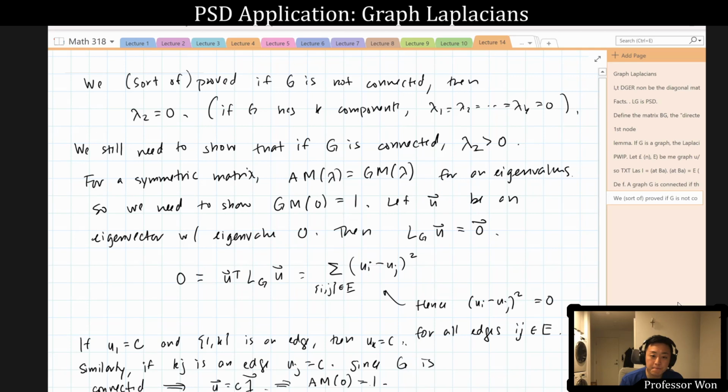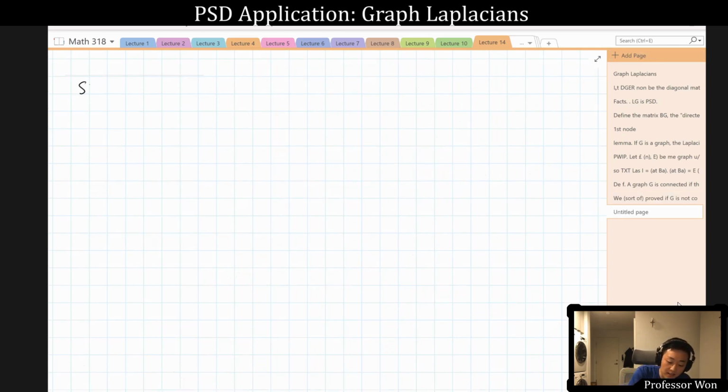Okay? So if you are connected, oh, by the way, this also would show, if you consider just the different connected components, the same argument, you start at any vertex, will show that you can have 1s everywhere in that component, 0s everywhere else, and that thing will be an eigenvector with eigenvalue 0. And so the number of 0 eigenvalues tells you exactly how many connected components your graph has. Right? So a slight generalization.